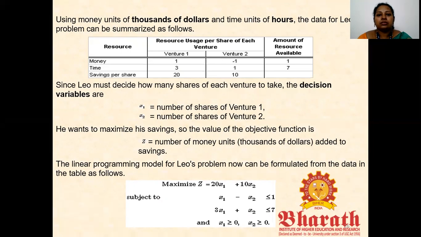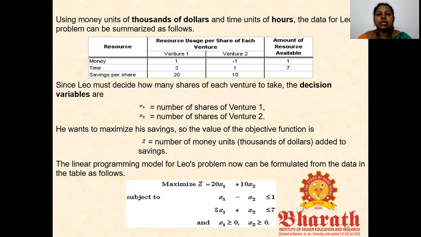For venue 2, money is minus $1,000 and time is 1 hour. The saving per share is 10, and the amount of resource available is money totally $1,000 and time only 7 hours.